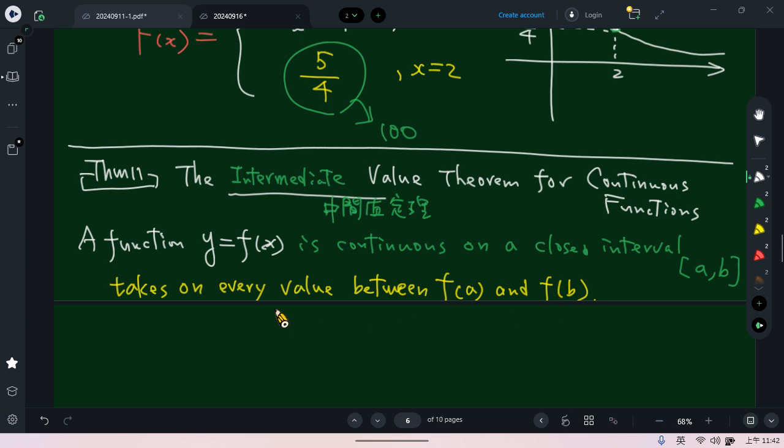That means f of a is a value, right? f of b is also another value. So every value in between will happen at some x between a and b.